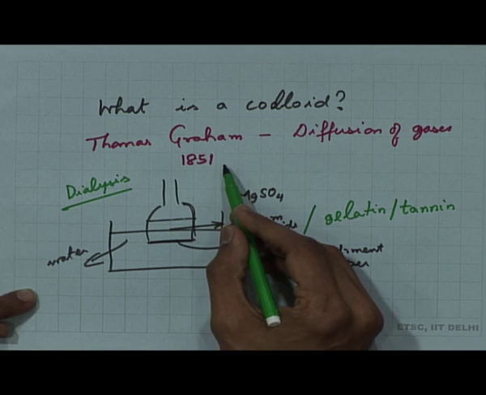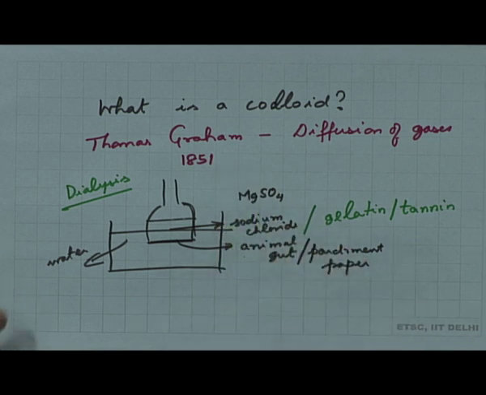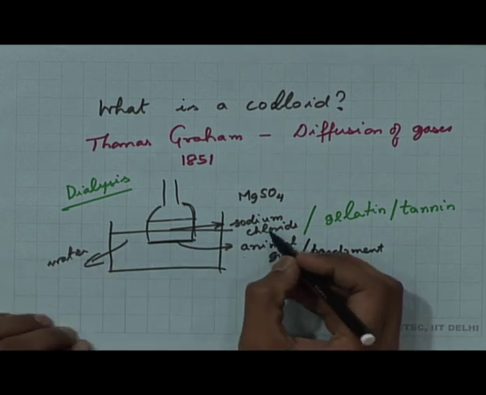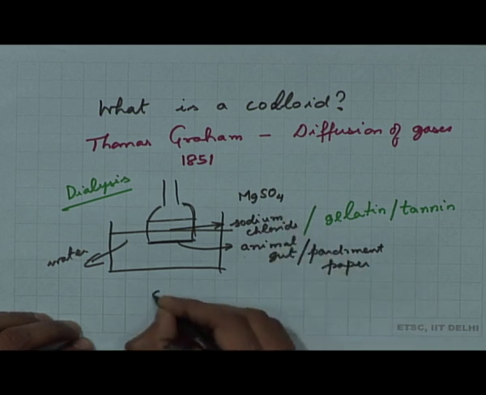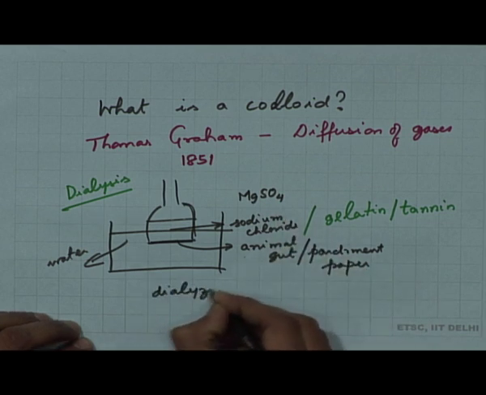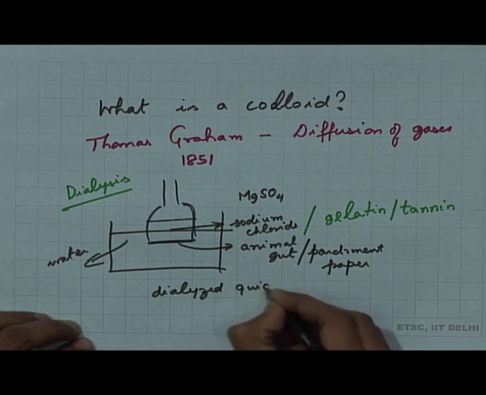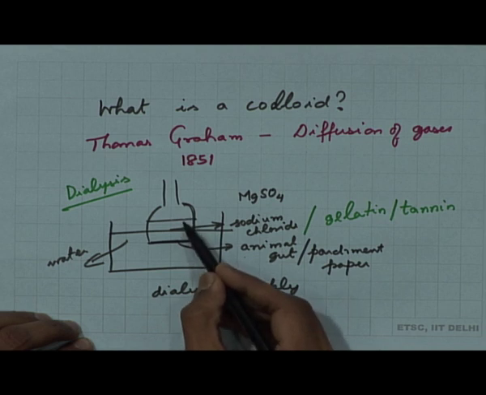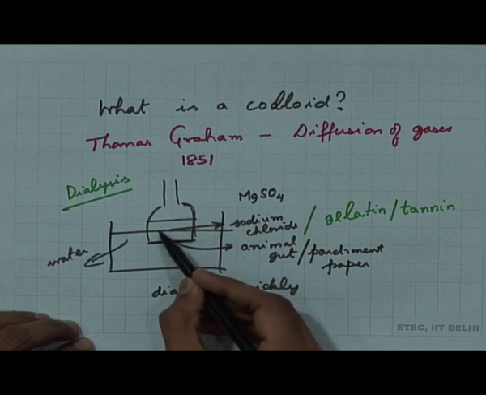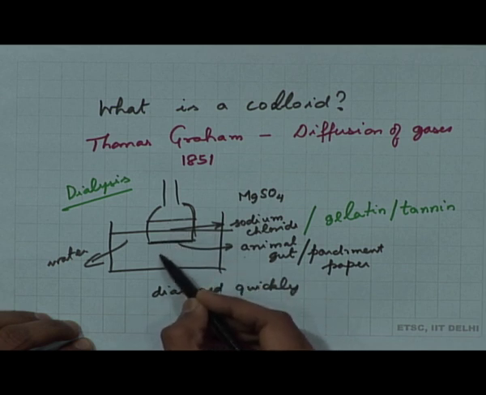This was in 1851, and what he found was that there were two classes. Things like sodium chloride, magnesium sulfate, etc., dialyzed quickly, which means that the salt that was dissolved went into the water solution, and the concentration of the salt increased here.